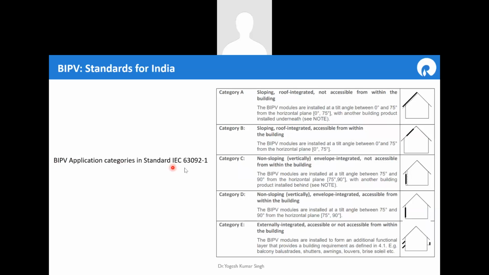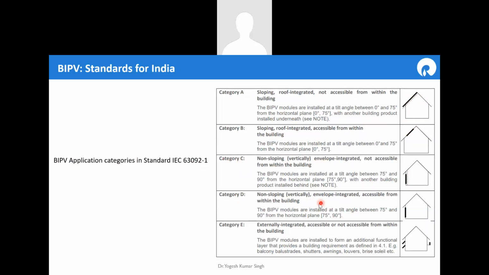Now, when we're talking about IEC 63092, this has different categories written there. Category A, this is the slope roofing. Category B, there is slope roofing, but there is some roof integration from there, so you can see that in this particular system. Category C, there is the vertical facade from there, so you can use it in a vertical way for your system.